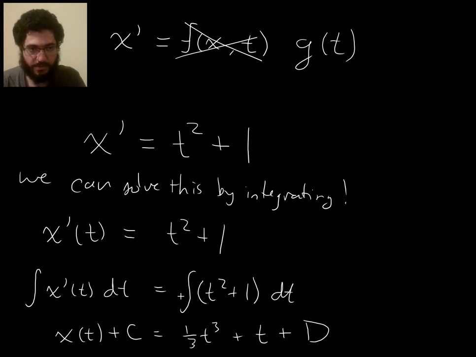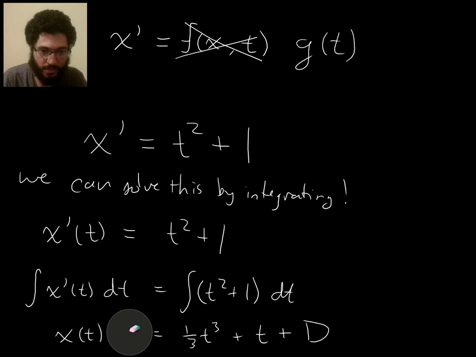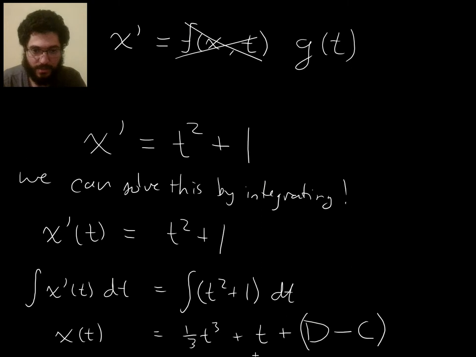You don't need to add it to both sides. And the reason for that is that you can just subtract it from one of the sides. So for example, I could subtract the plus c here, and then subtract it from this side. And if d is an arbitrary constant and c is an arbitrary constant, then d minus c is just an arbitrary constant, and I might as well give that a single name.